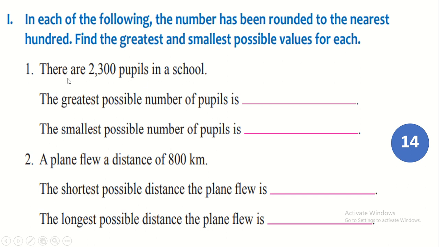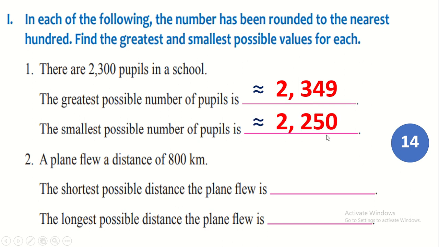Okay, number 1: there are 2,300 pupils in a school. Okay, pupils, same as students. The greatest possible number of pupils, nearest hundred, is 2,349.